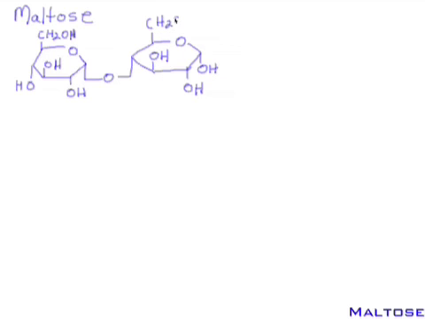Now, just so you don't misunderstand the line formulas, these two positions here are not carbons. This is one bond to oxygen and another bond to oxygen. It just allows me to write it in a fairly linear fashion.